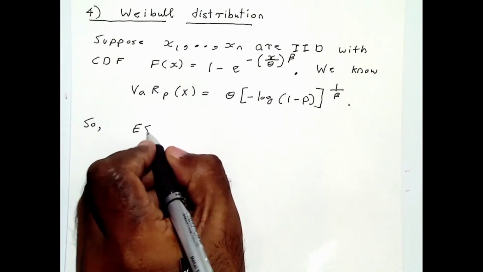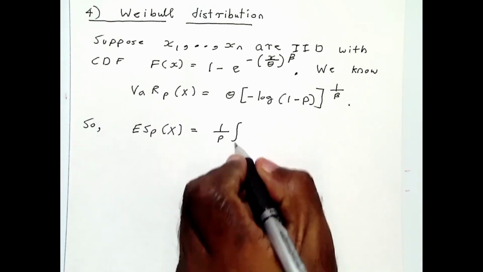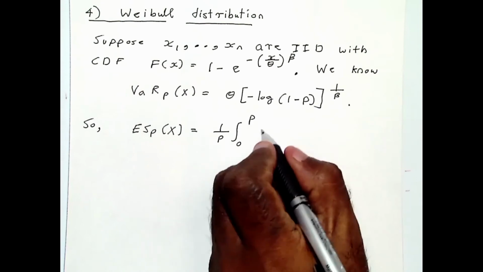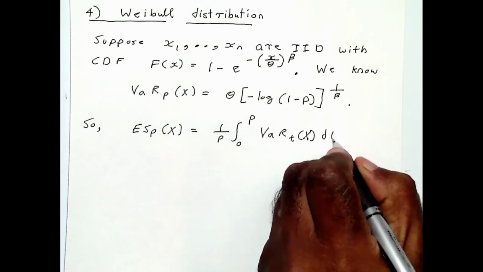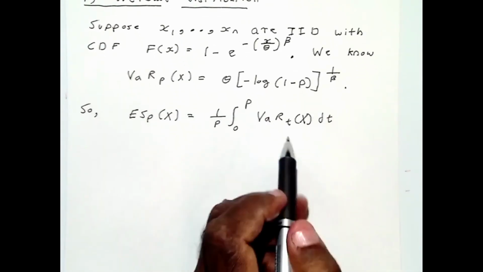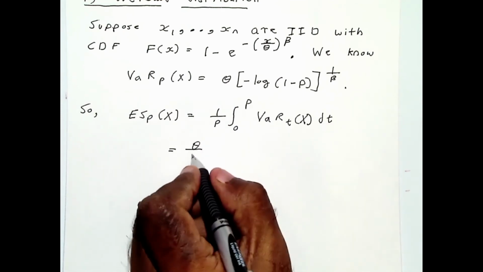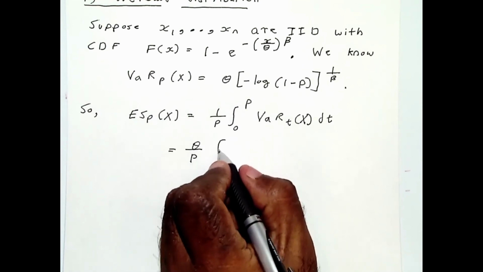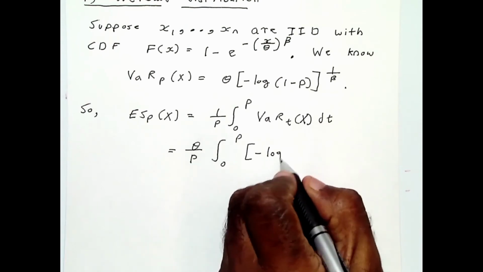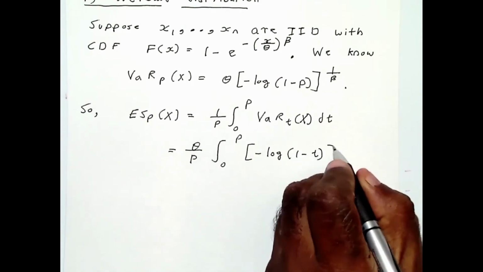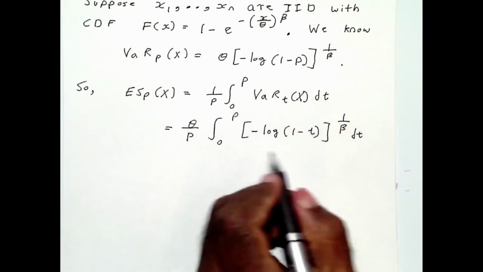So the expected shortfall is 1 over p times the integral from 0 to p of the VAR expression. You should sub this here, and you will get the following. Now I'm going to make a substitution.